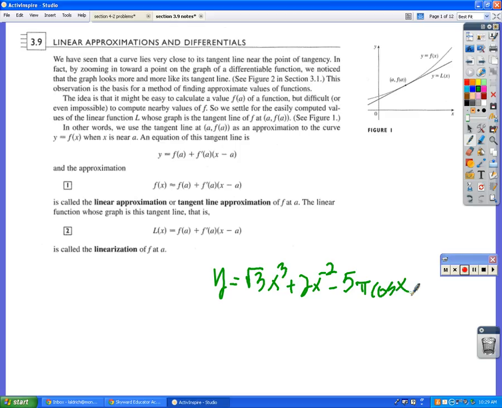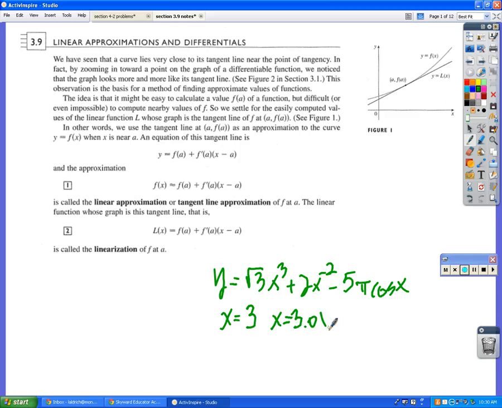So this is going to give you some crazy curved graph like this. Let's say that we want to find the value of this equation not at an easy number like x equals 3, but at x equals 3.01.